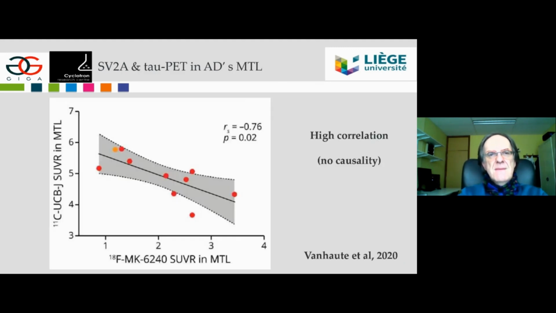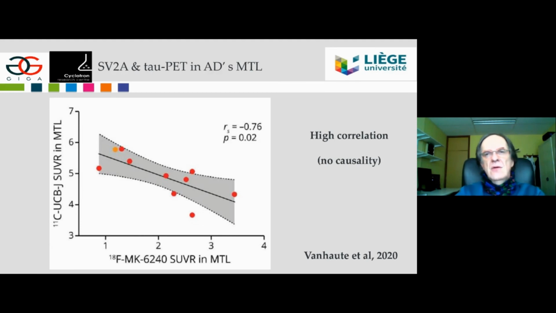And finally, I've already shown you that our colleagues from KU Leuven have been using not only 11-carbon UCB-J, but also a tau tracer, and could wonderfully demonstrate that in Alzheimer's disease there is a correlation between the local tau deposition and the local pathology of the synapses.